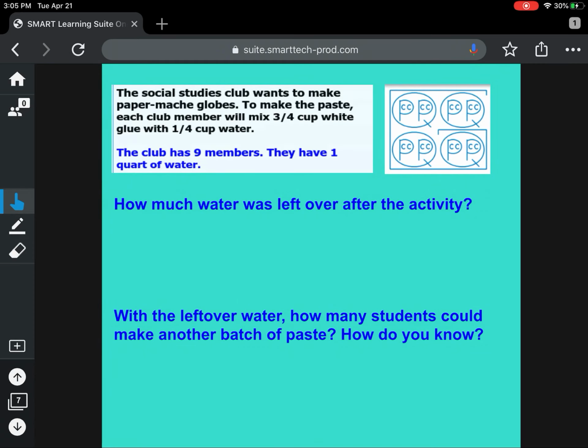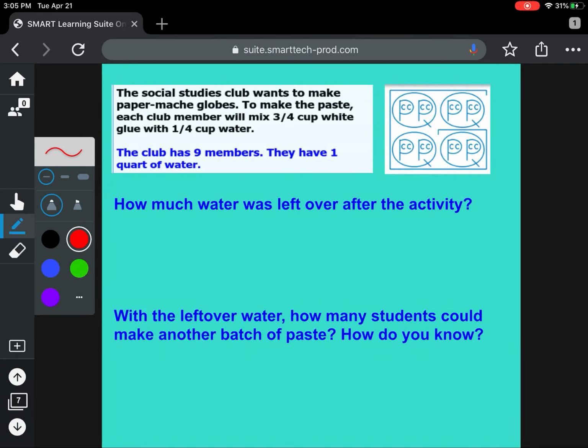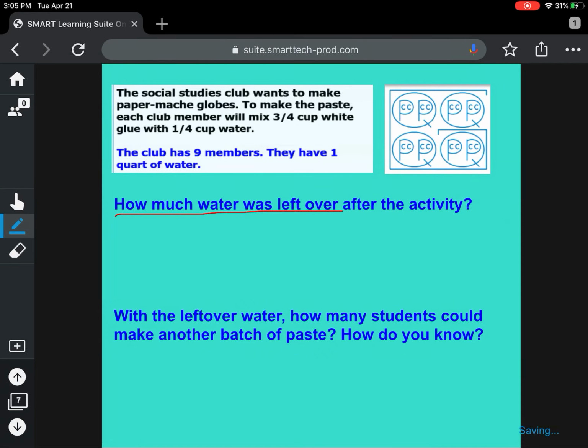Now we decided that from the math message, they need a total of 2 1/4 cups of water so that each member can make their own globe. But now we need to figure out our next question. The question says, how much water was left over after the activity?